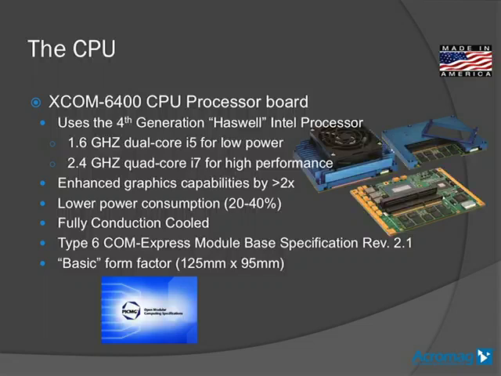Like I mentioned, the enhanced graphics are built into the silicon instead of having a separate support chip. You're looking at, in some cases, better than 2 times the graphics processing speed. Lower power consumption is also a great advantage in moving to the Haswell. They've implemented quite a bit of control within the processor to reduce power consumption in some cases by 20 to 40%.